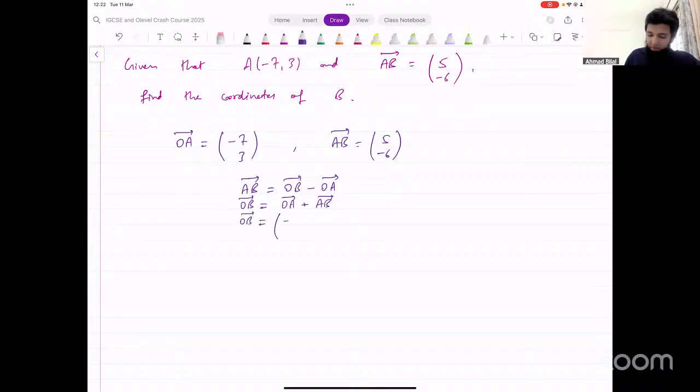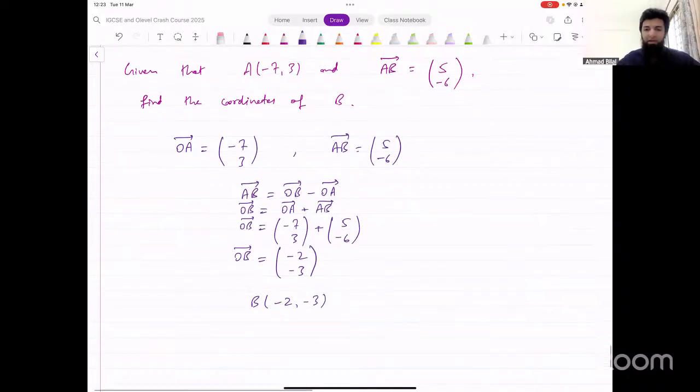That's OA, which is -7, 3, plus AB, which is 5 and -6. And OB vector turns out to be -2 and -3. So that means the coordinates of B therefore are -2 and -3. We can write them in coordinates form because that's what they're asking for. The coordinates are -2 and -3, and that's what we were looking for.